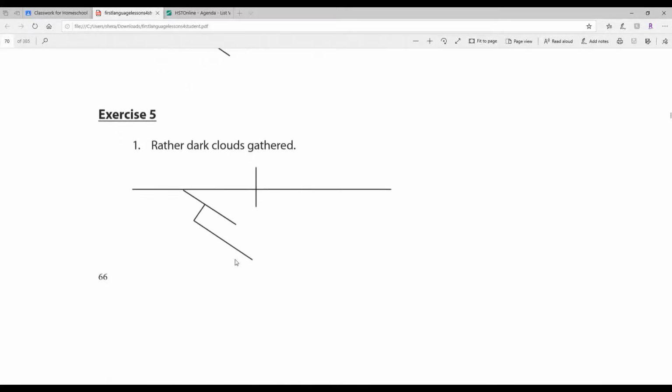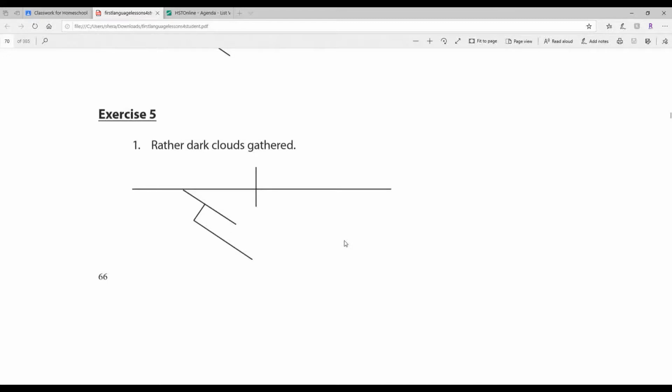Let's look then at exercise 5. Rather dark clouds gathered. The verb is gathered. When you write this on your paper, when we're diagramming, make sure you always write this long horizontal line first, and then you come back right in the center and put the vertical line. Make sure you always do that first. And then the rest of the lines you'll add as you go.